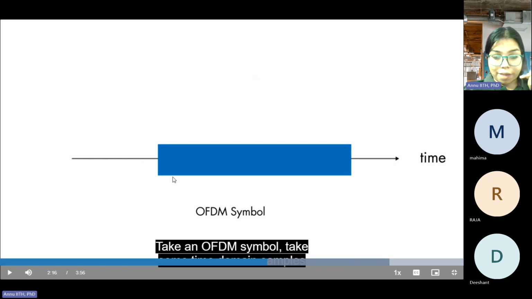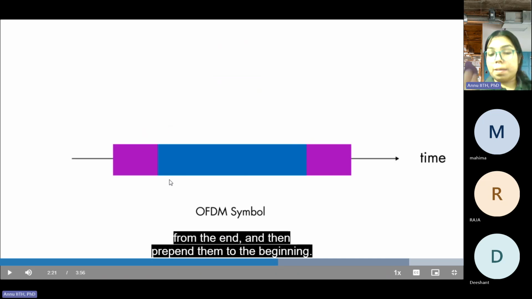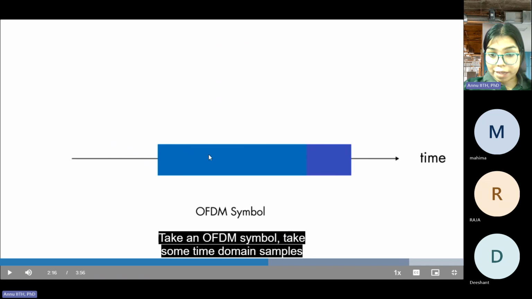Now let's take the OFDM symbol. This is cyclic prefix addition. This blue color is the OFDM symbol. Now we have taken the last part of this OFDM symbol and prepended it to the first part. We had just the OFDM symbol, in blue, and the last part was taken off and added to the front.